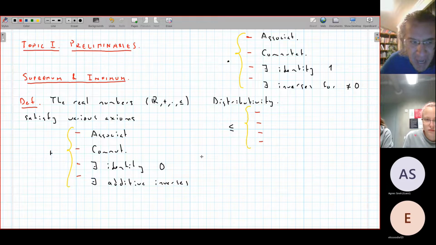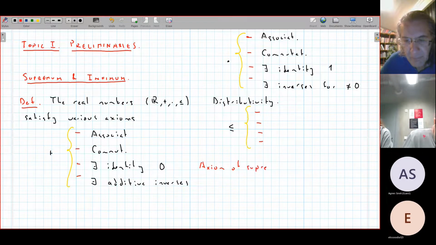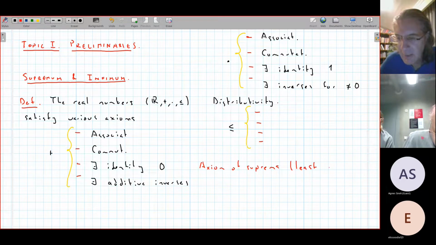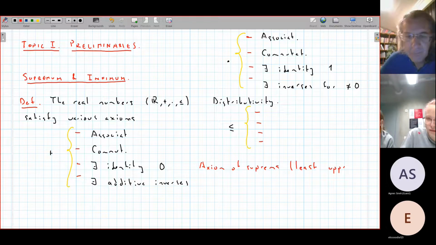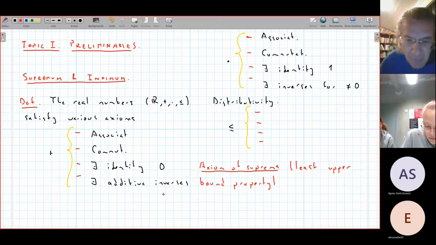That's what we call the axiom of suprema, which is also called the least upper bound property. I'm going to remember this property.